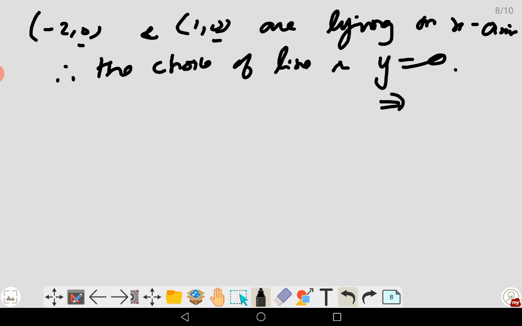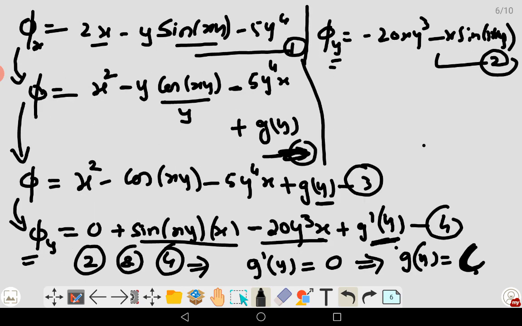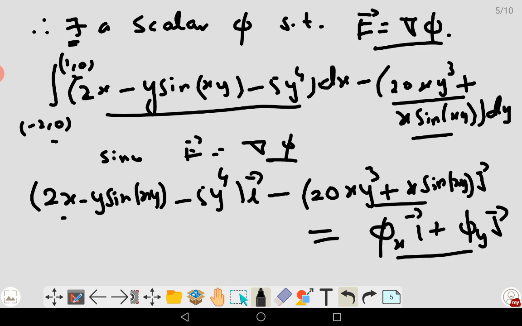So y equal to 0 gives dy is also 0 in this equation. In the integration, x is from minus 2 to 1, so go back. This is the given integration, right? Here x will be x, we are going to integrate with respect to x. Y will be taken as 0.